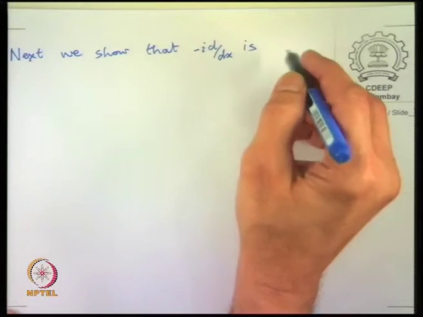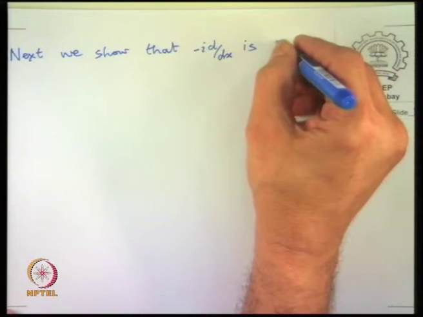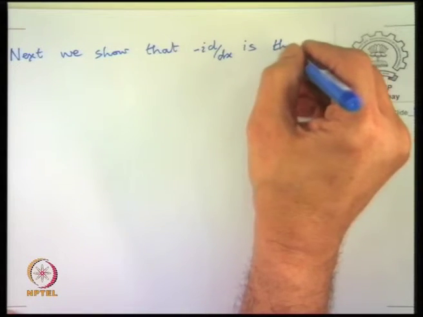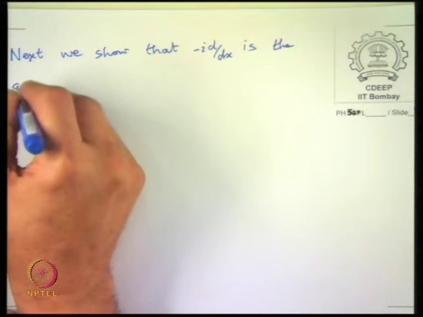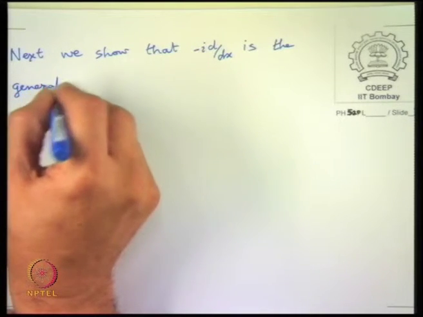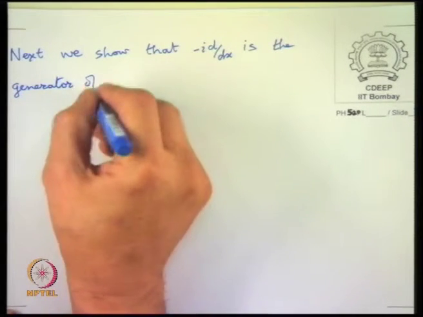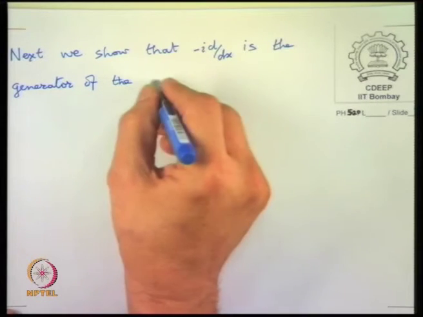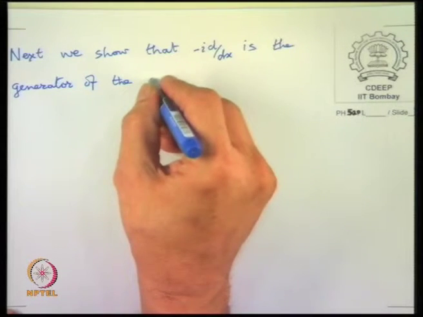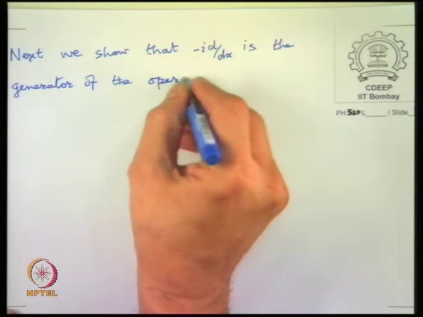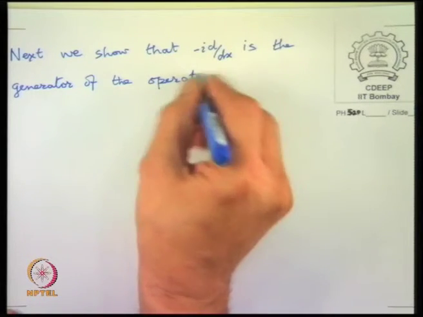Next we show that minus i d by dx is the generator of the operation of translation.